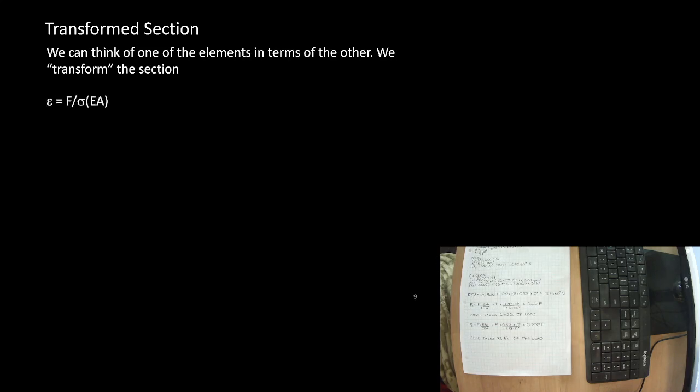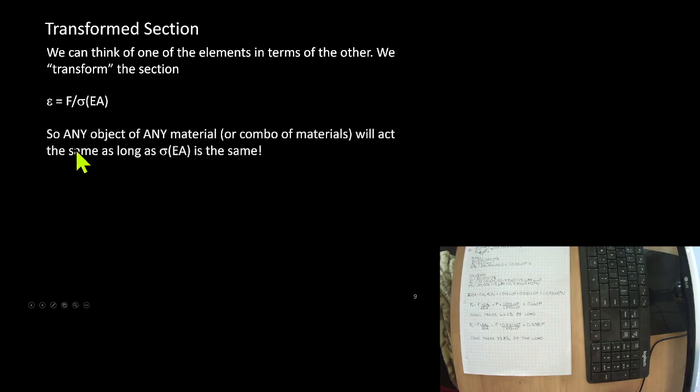Let's see what I mean with that. So we know our strain equals our force divided by our stress times our EA. This is again just rearranging some of those equations we've already looked at. So any object of any material or combo of materials will act the same as long as EA is the same.